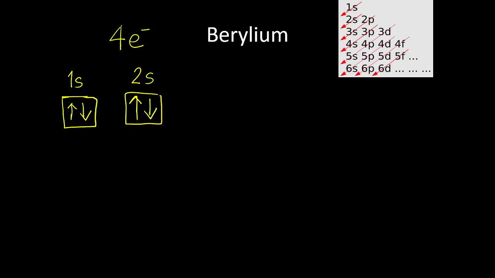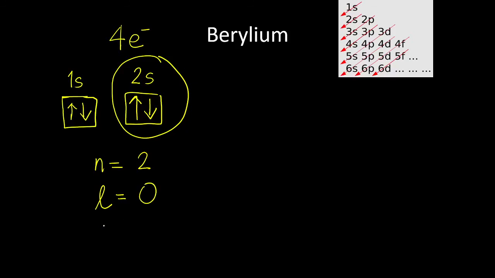Now, how many electrons are there? 4. Now, what is the last orbital we filled? 2s. So from 2s2 we get the quantum numbers. What is our n here? 2, correct. What is L? 0. Now, what is M sub L?